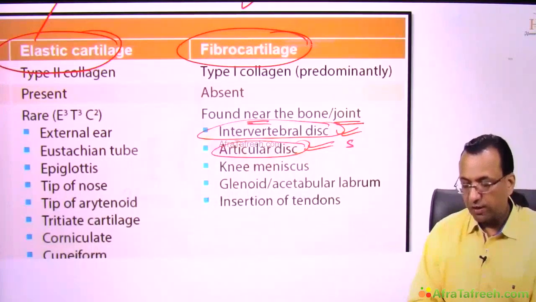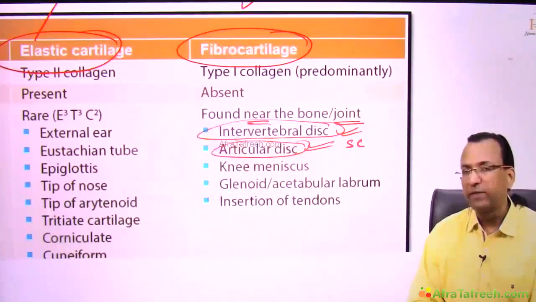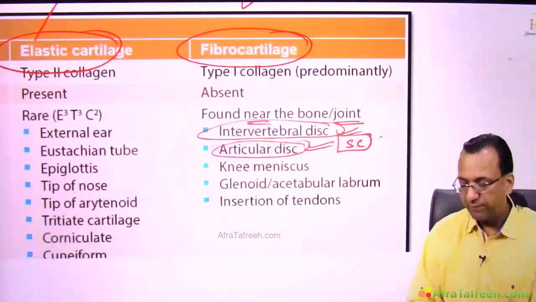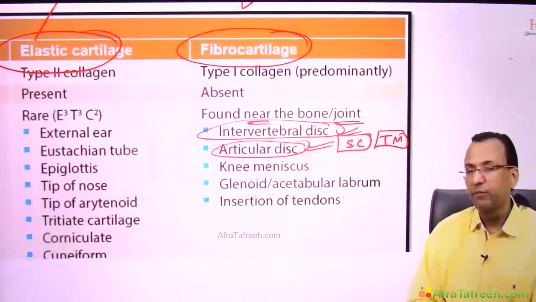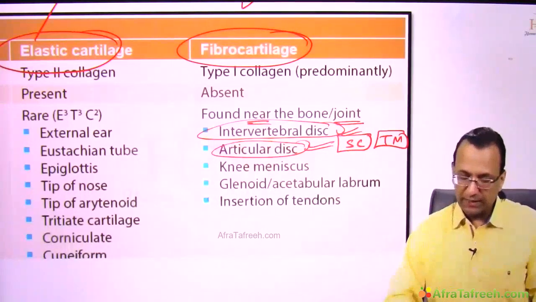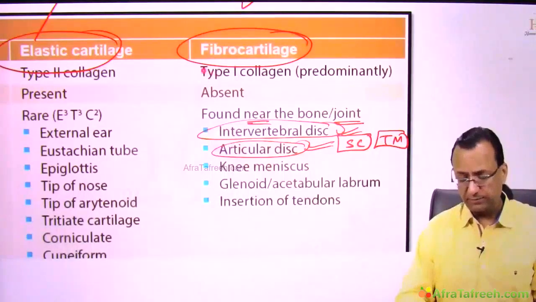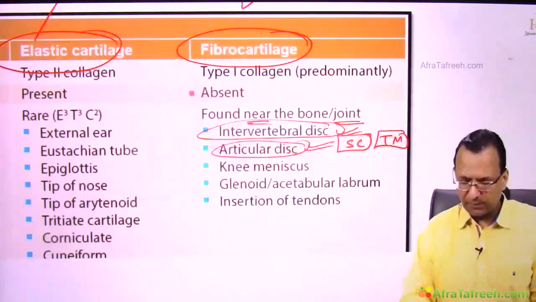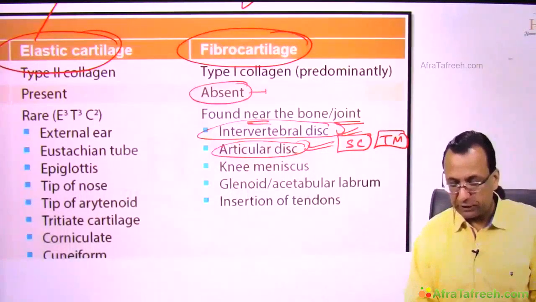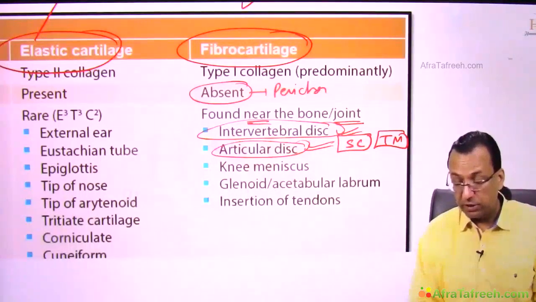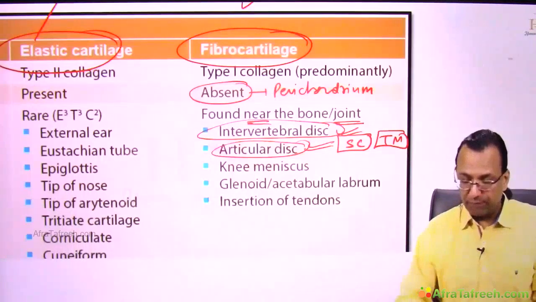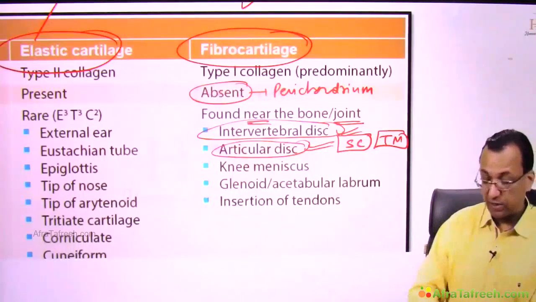The sternoclavicular joint between the sternum and clavicle, and the temporomandibular joint between the temporal bone and mandible. So fibrocartilage has more of type 1 collagen? Yes, it is an atypical cartilage. And what is absent? Perichondrium is absent in fibrocartilage.